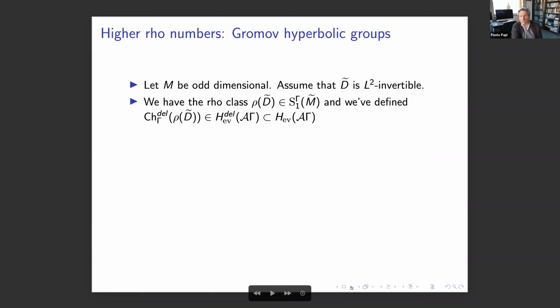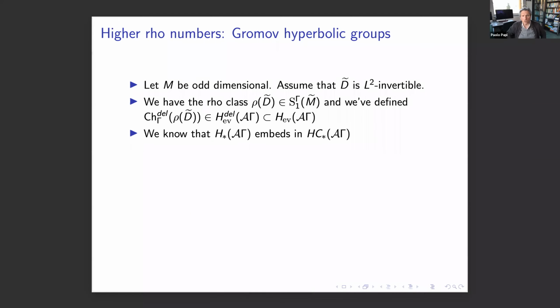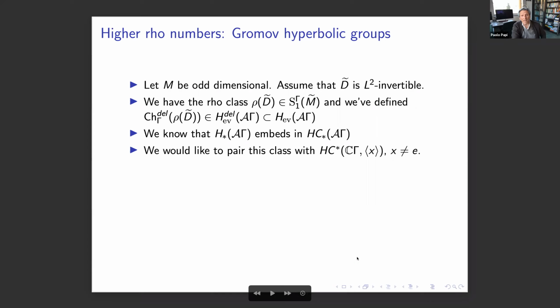Now we know that non-commutative Dirac homology embeds in cyclic homology. And so now we would like to pair this Chen character of the rho class with cyclic cocycles localized at the element X. Because as I said, we ended up in the delocalized part of non-commutative Dirac homology.